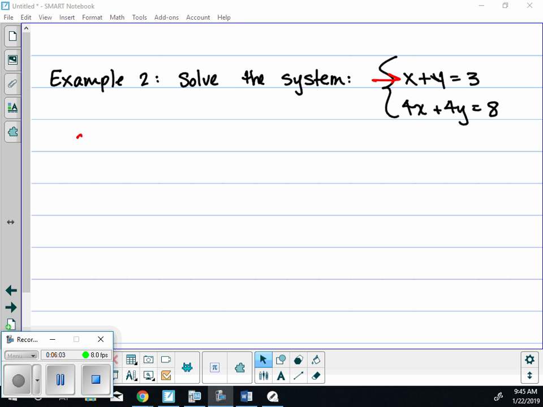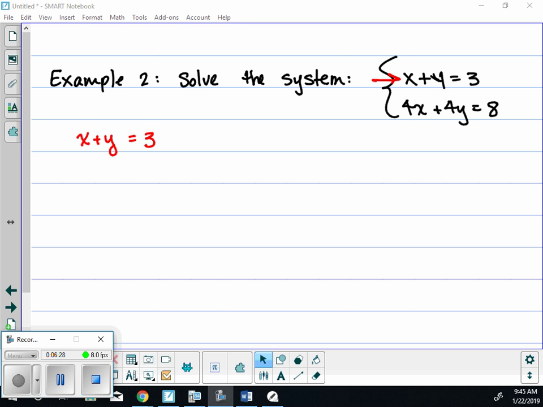We want to rewrite that so that either the x or the y is by itself. Does it matter which one? Nope. Anyone have a preference? Do we want x by itself or y by itself?